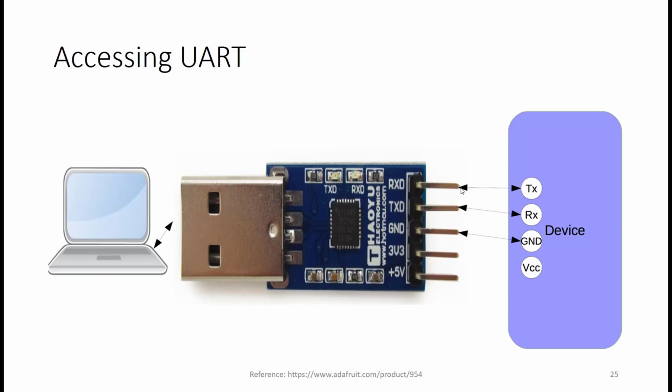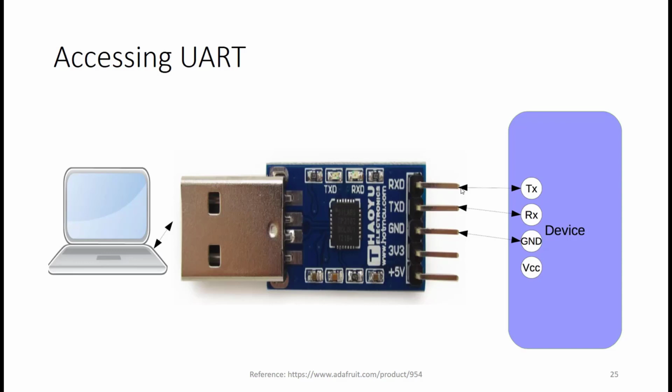To access UART, you need to plug the USB TTL serial connector into your laptop's USB port, and connect the other end to the device. You need to connect RX of the connector to TX of the device, and TX of the connector to RX of the device.